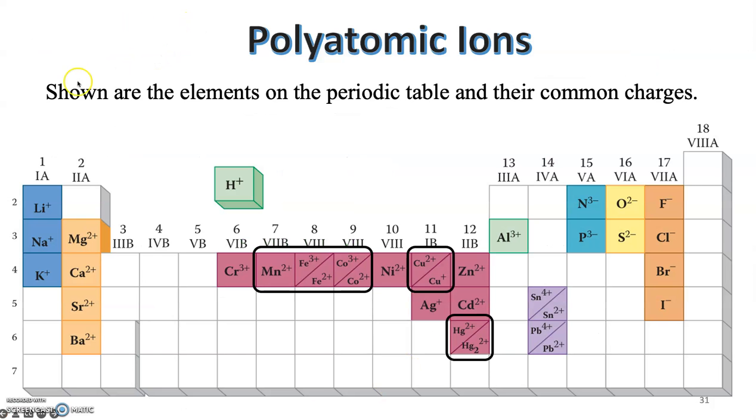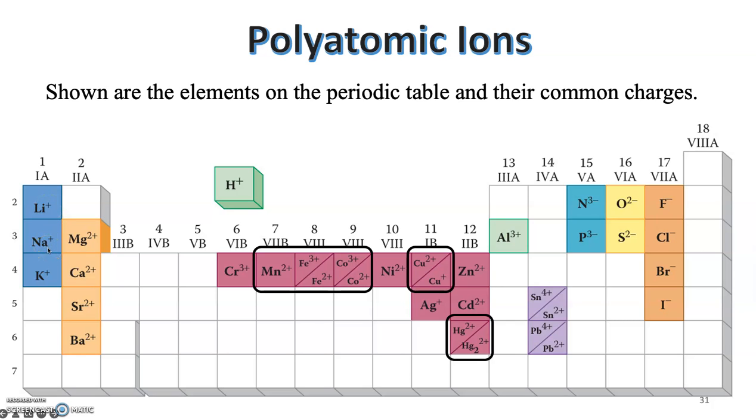This table, which you can find in your textbook, lists some of these elements with their common charges. For example, in group 1A, lithium can form lithium plus by losing one valence electron.